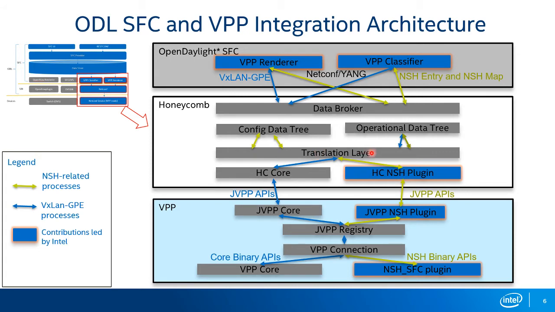The Honeycomb translation layer will translate the configuration data into related VPP Java API calls. VPP will execute these APIs. For VxLAN-gpe, VPP will call VPP core functions to create a VxLAN-gpe interface. For NSH entry and NSH map, VPP will call NSH SFC plugin functions to create the NSH entry and NSH map.